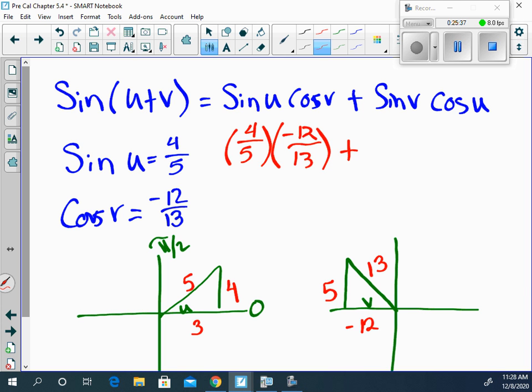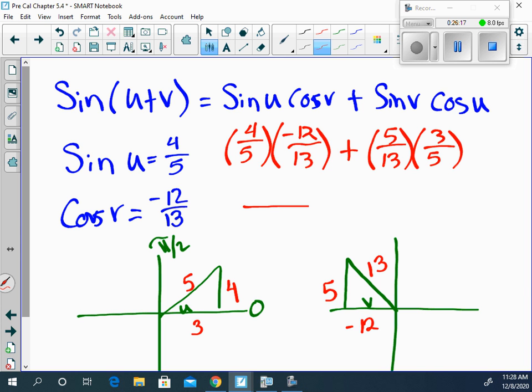Was I told what sine of v is? Well, no, sine is opposite over hypotenuse. V, opposite would be? We also weren't given cosine of u, but I can go over here, adjacent over hypotenuse. That's why I drew these. Especially when I do these, I always redraw the triangles because it's helpful to look at them and make sure the signs are right, and this will give me everything I need.